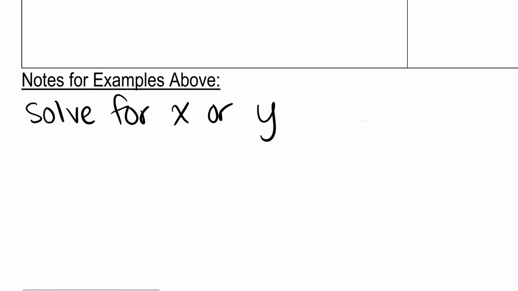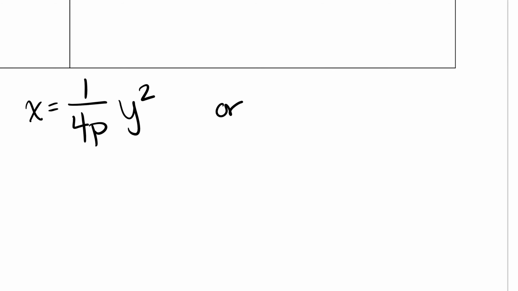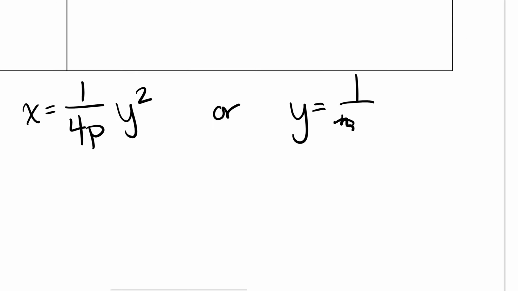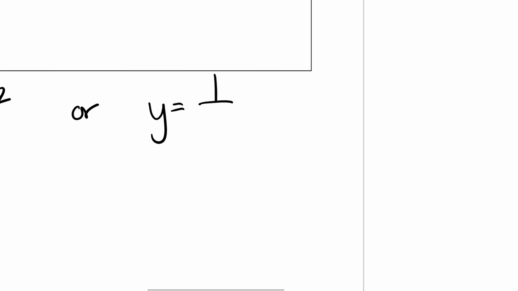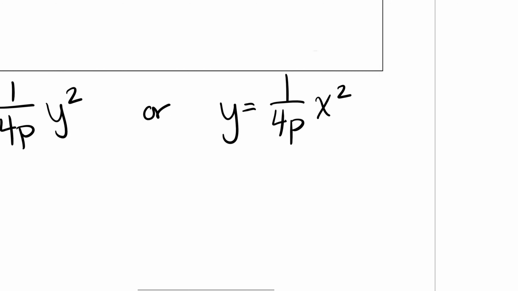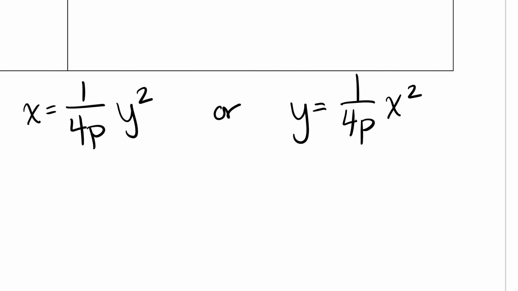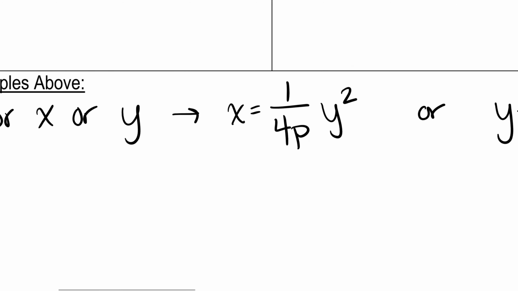So I want to solve for x or y so that I can get, my goal is x equals 1 over 4p y squared, or I want to get y equals 1 over 4p x squared. So that's my goal. That's what I want to get. So I solve for x or y, whichever one I have. So let's do that first.